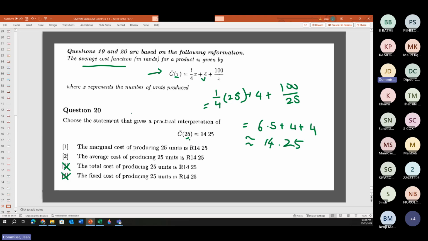If we put 25 in and we get an answer of 14.25, does that tell us the marginal cost of producing 25 units is that, or the average cost of producing 25 units is that? If this was an exam question, what would you guys have gone for? Okay.